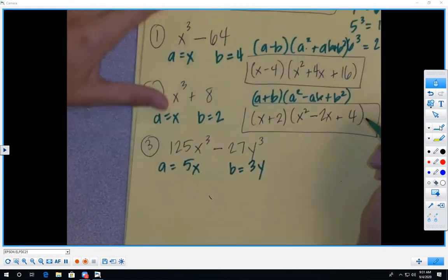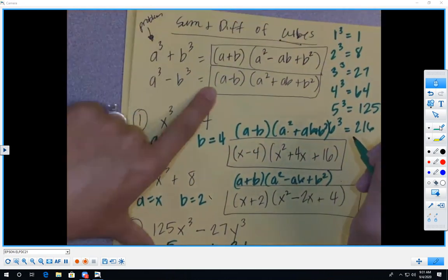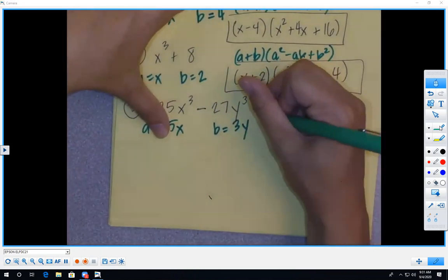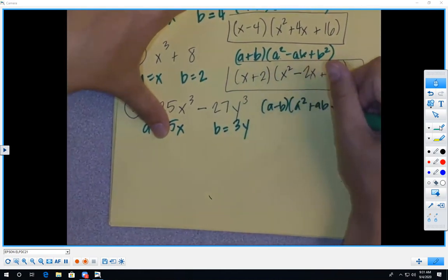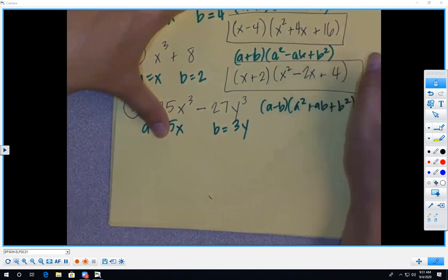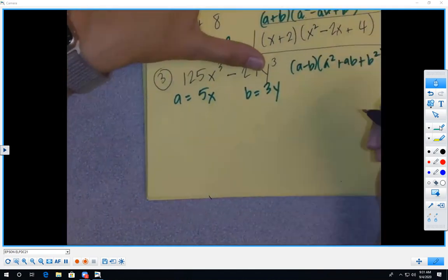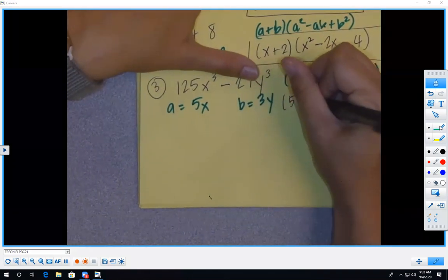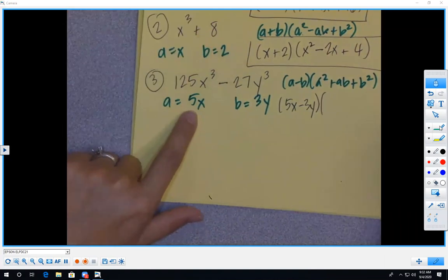Is this a sum problem or a difference problem? Difference. So I'm looking at the bottom one, and the formula is a minus b, a squared plus ab plus b squared. Okay, so when I go to put it in, a minus b is 5x minus 3y. A squared, you have to square the 5 and square the x.